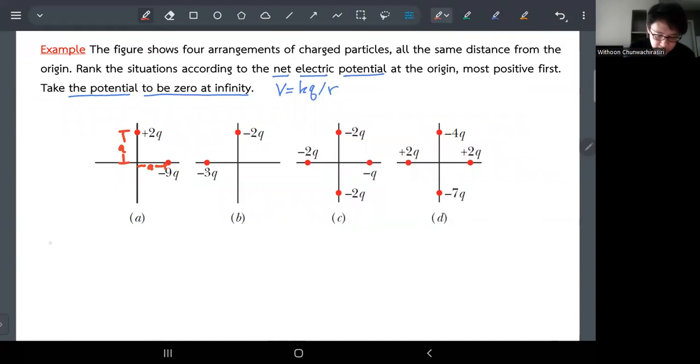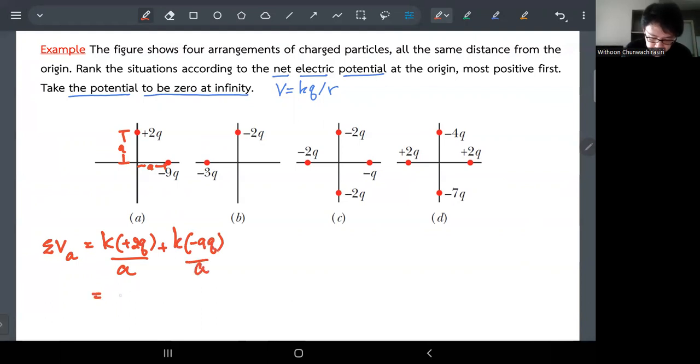So the net potential at A, starting from the top, is K times plus 2Q over A. I bring in the positive sign because potential is a scalar quantity; positive and negative signs give you different potential values. Now you say, but John, I have another one, negative 9Q, so K times negative 9Q over A. Net, you get negative 7KQ over A, and you're done.